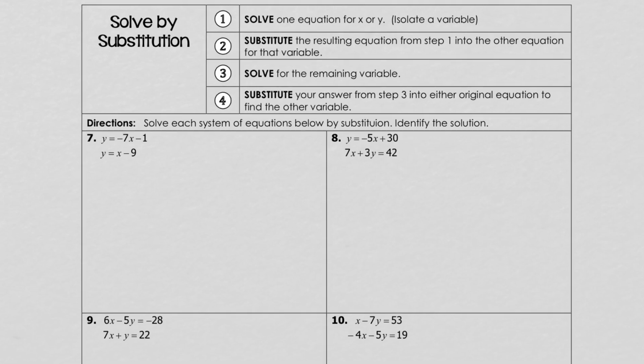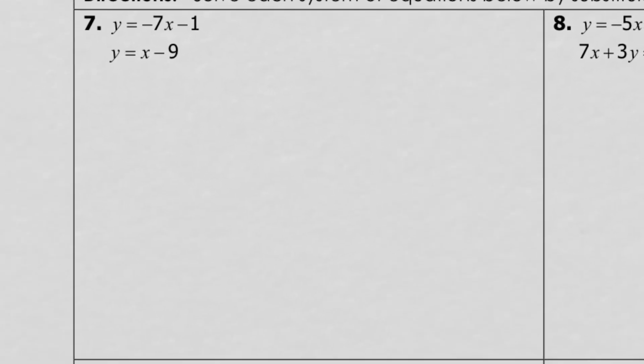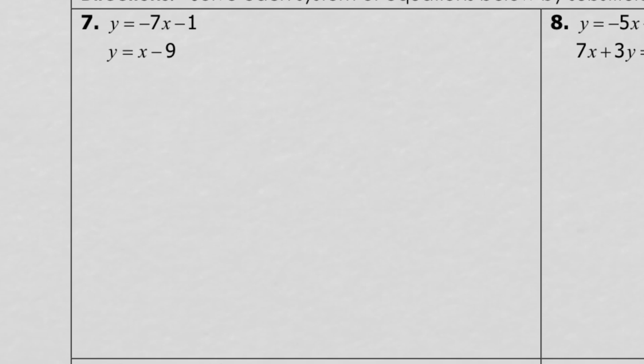So, number 7, and this is number 7 because it goes off of the page that you guys just had. So you had 1 through 6, and now we have 7 through 12. So top one is blue, bottom one is red.